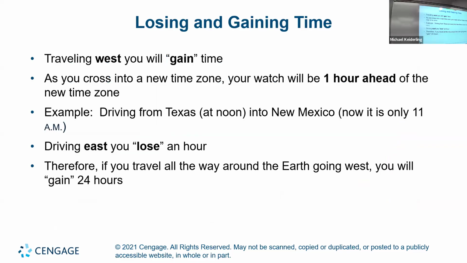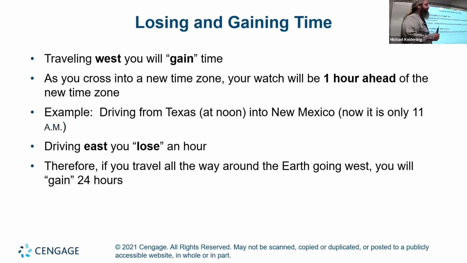So as you travel west, you gain time. As you cross into a new time zone, your watch will be 1 hour ahead of the new time zone. If you drive from Texas at noon into New Mexico, it's now only 11 a.m. So if you were driving from the eastern half of Indiana to here, you'd go from noon to 11.